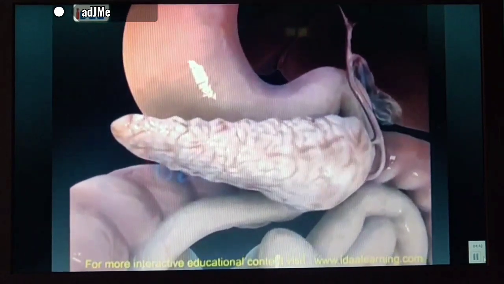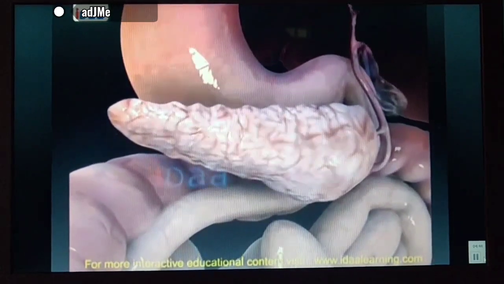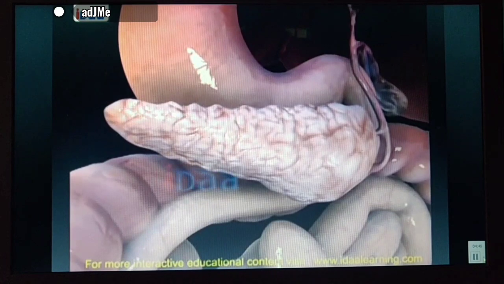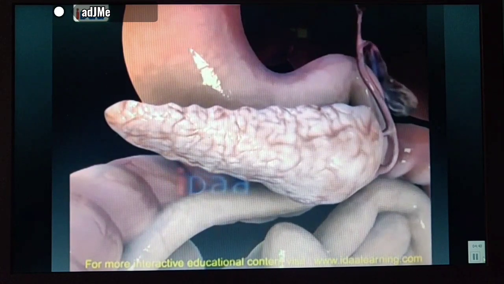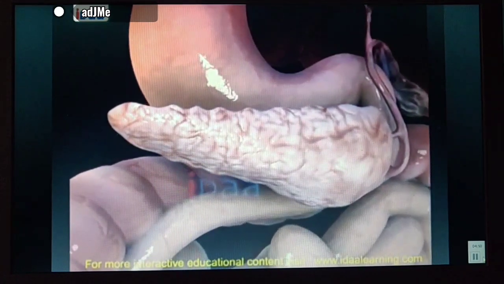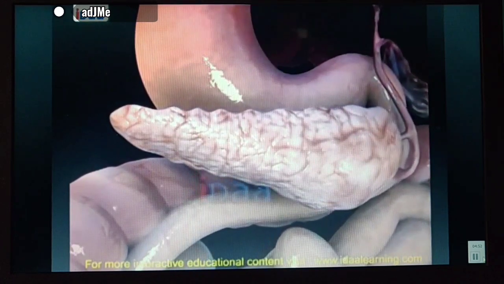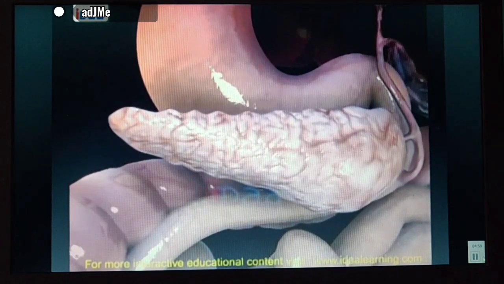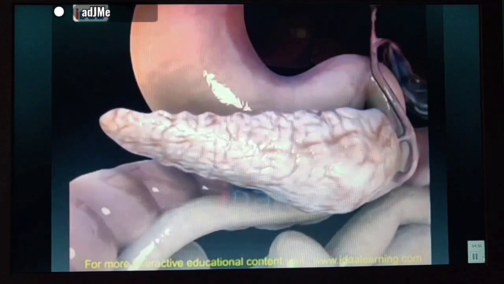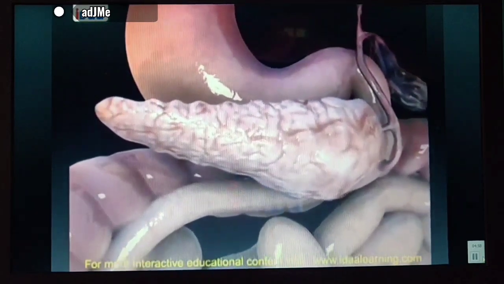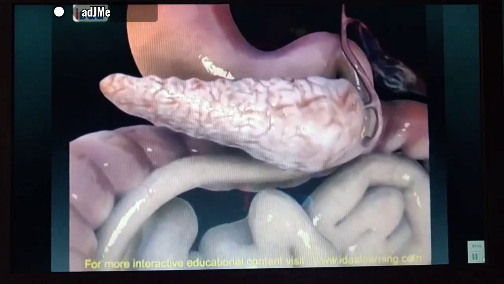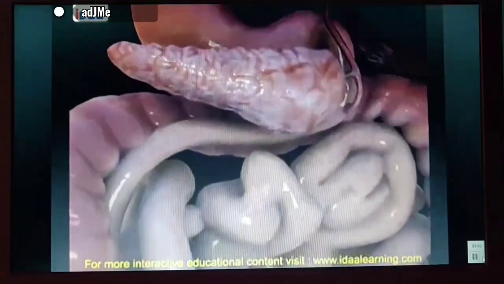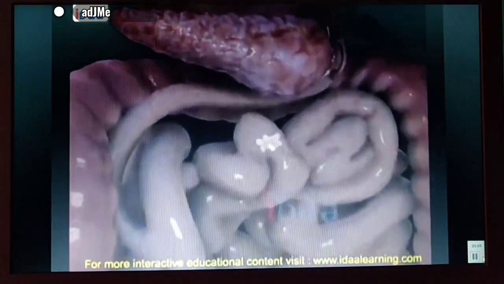As you could look here, this is the pancreas, which is a leaf-shaped structure that produces pancreatic juice. I hope you remember last class we learned that the pancreas is a dual gland which acts as both exocrine as well as endocrine. Previous class I said what is meant by exocrine and what is meant by endocrine.